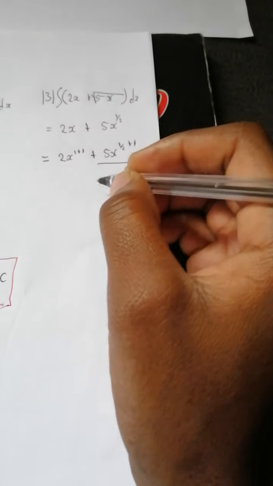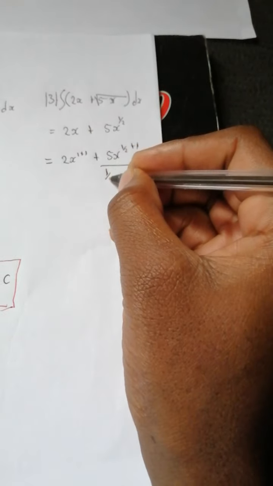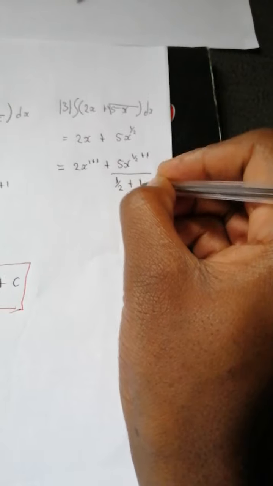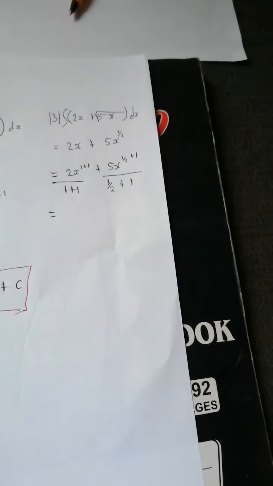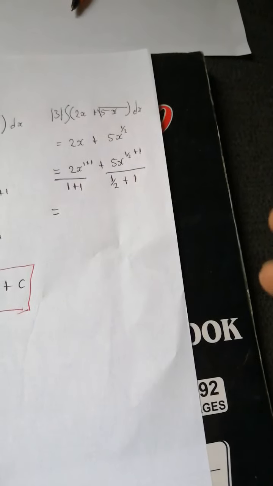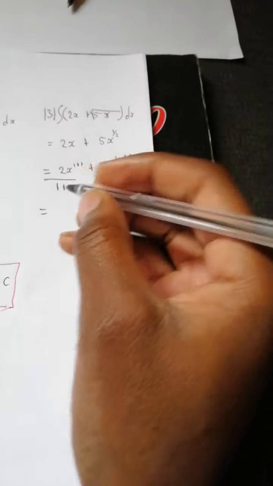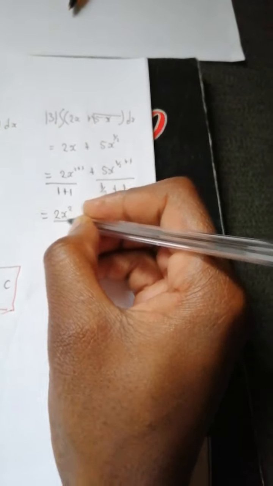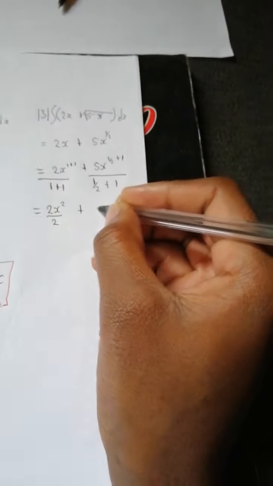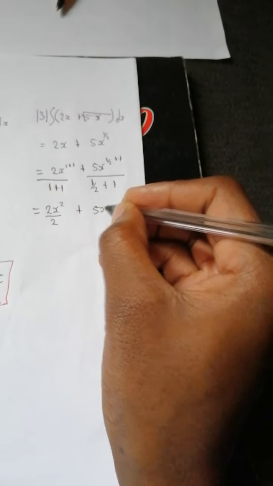Even on the bottom you do the same. So it is going to be 1 over 2 plus 1, and here it is going to be 1 plus 1. So let's now move on and simplify this function. It is going to be 2x raised to the power 2 over 2 plus 5x.